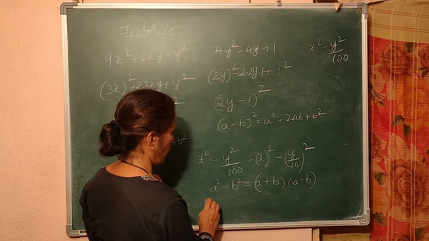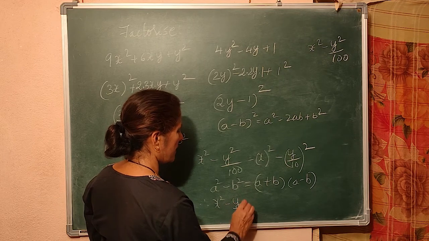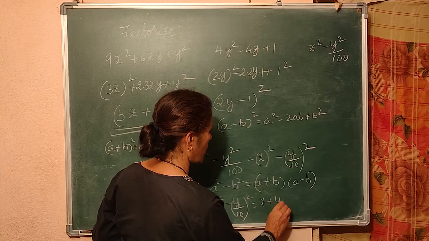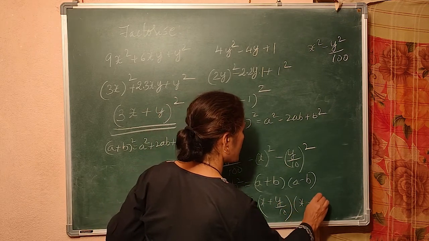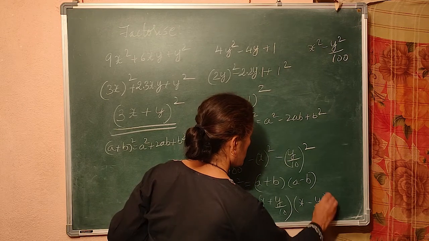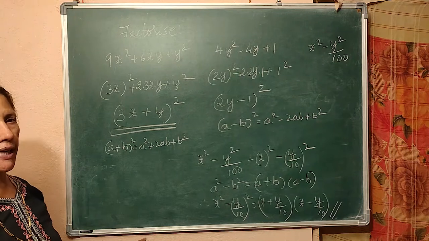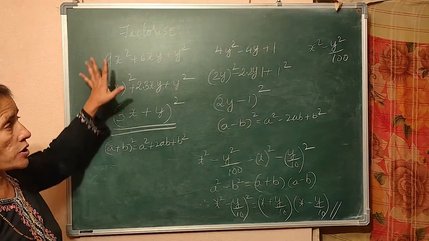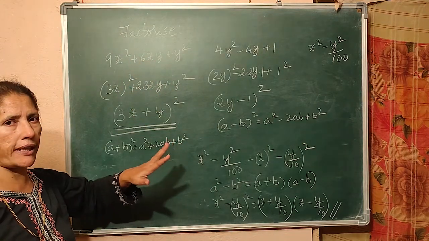So, therefore, x square minus y by 10 the whole square is equal to x plus y by 10 into x minus y by 10. So, this is your final answer. x plus y by 10 into x minus y by 10. I hope you understood how to factorize. So, rest of the sums I will do in the next class.